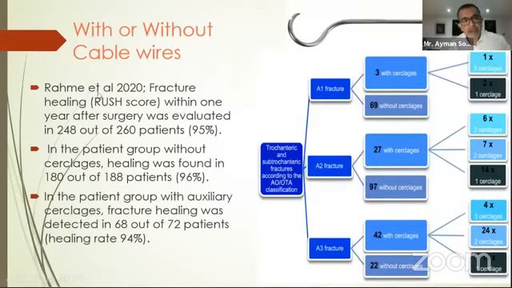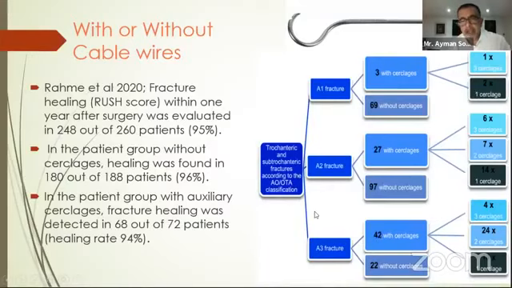Now, Rahmi et al., this is a very recent publication with good numbers with all types of trochanteric and subtrochanteric fractures. They looked at all the results, and when you look at this, this is quite reasonable. For the unstable fractures, they hardly used any circulage cables. For the more comminuted, for the more difficult fracture, they used that mostly.